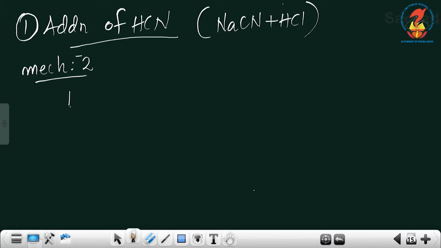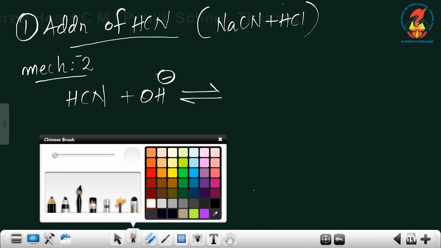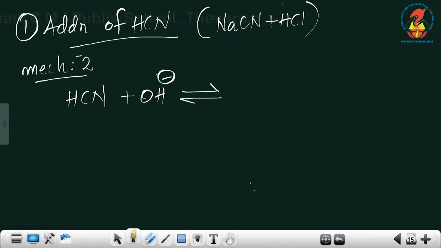In the first step, HCN reacts with OH minus. OH minus represents presence of a base, with a reversible arrow. What happens here is, we know that bases are ready to accept H plus ions. HCN on ionization gives H plus and CN minus.